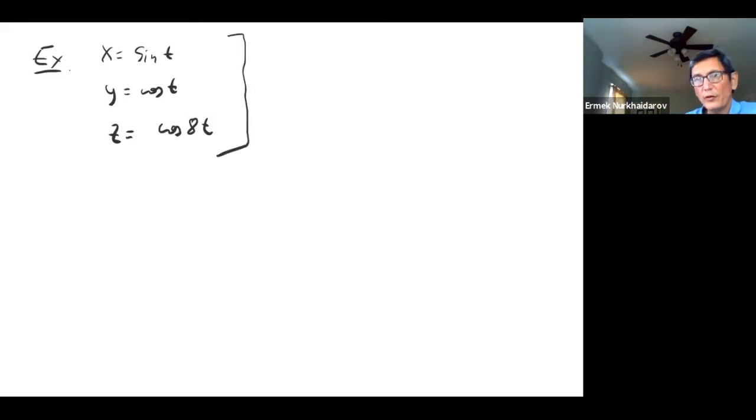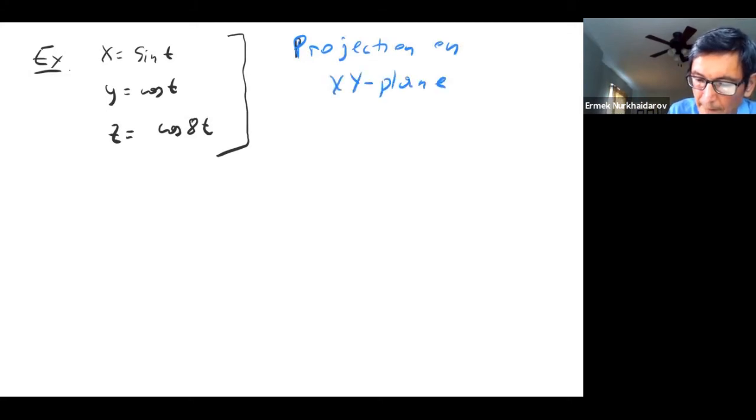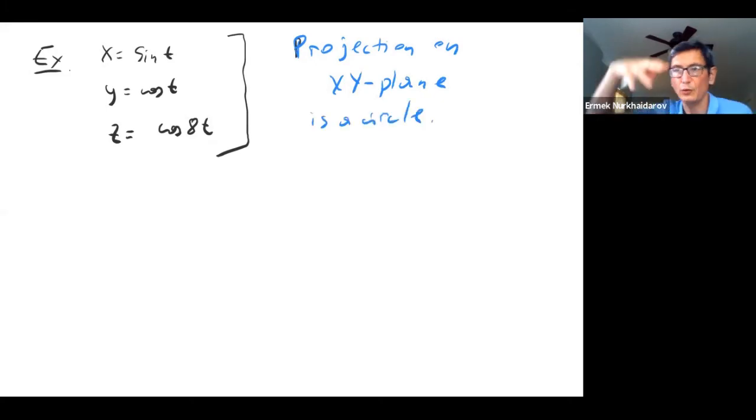So if you look at it from above, along the z-axis, the projection on the xy plane is a circle. If you look from above and put a shadow of what is happening, that's a circle, because you have x equals sine, y equals cosine.